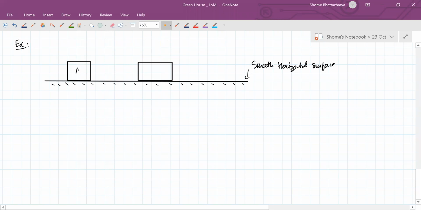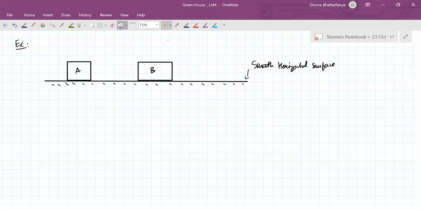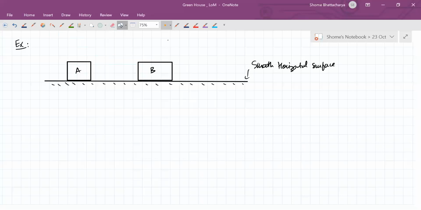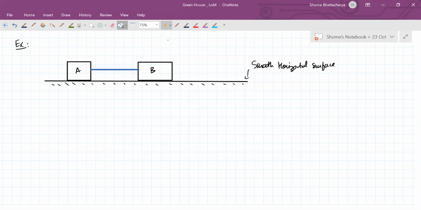So I've got two separate blocks A and B, and they are connected to each other by a thread, a thread which is very light in comparison to the masses of the two blocks. And then what I'm doing is I'm pulling this combination from one side with an external force of F.